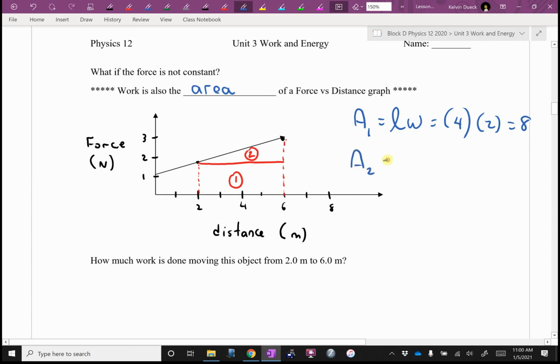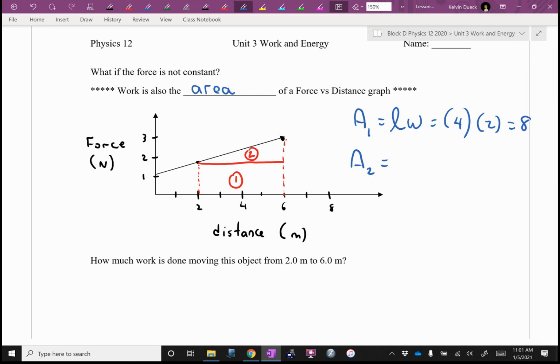Then the second area is a triangle. What's the area of a triangle? What formula is that? Aiden, I notice you have your formula sheet on the back page there. Did I give you the area of a triangle? Somewhere where there's a picture of a triangle?